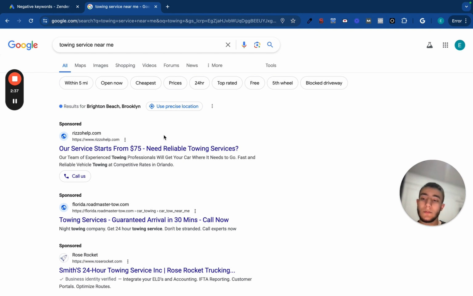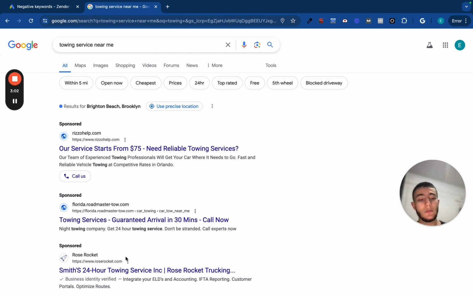If you have the first placement in Google Ads, you're going to pay more than for the second placement. And usually maximize clicks is going to go after the second or third placement, because if you pay less per click, you're going to have more clicks per your budget.